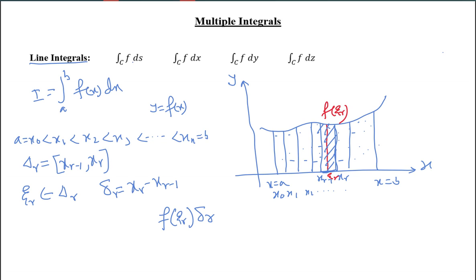And if we sum up all such intervals, r is equal to 1 to n. How many intervals are there? If we consider n plus 1 number of points, then we will have n number of intervals, so r is equal to 1 to n.